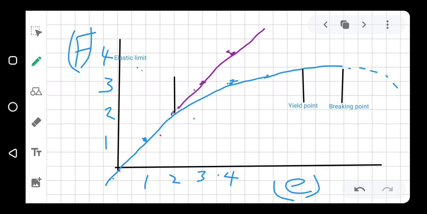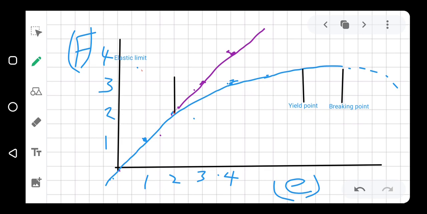This is how the shape of the graph is going to look if you plot the force and the extension, or the increase in length, produced in the elastic material, showing the behavior of the elastic material when different sizes of load are applied to it.